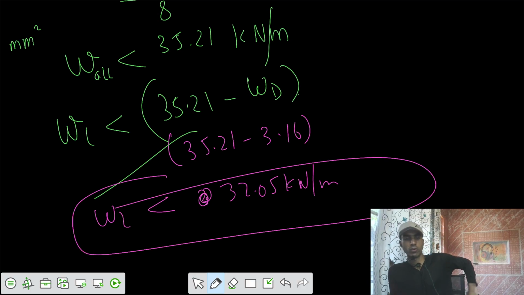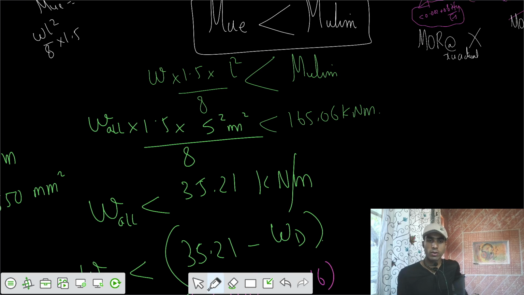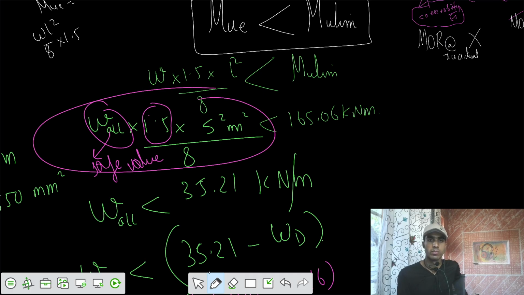This should be the safe live load that we can have. Why are we saying this is safe? We have already accounted for that factor outside. So this is the safe value, and overall this is the ultimate value, Mu ultimate external.